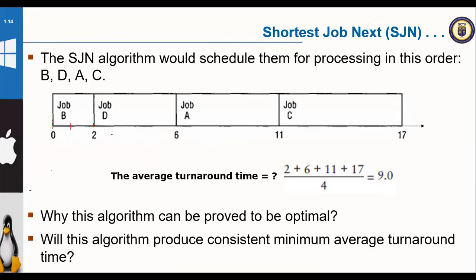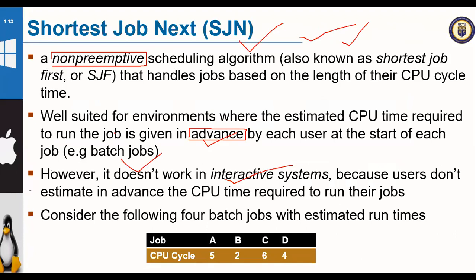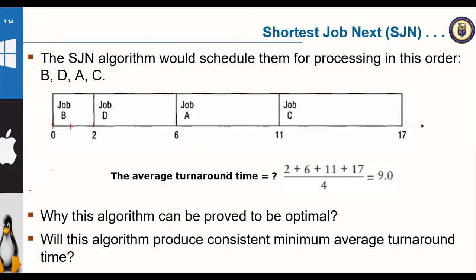Then operating system will go again and ask, who has the shortest CPU cycle? B is gone. Now we have D, who has 4 CPU cycles. So operating system will execute job D. So from 2, we go to 3, 4, 5, and 6. 4 CPU cycles.